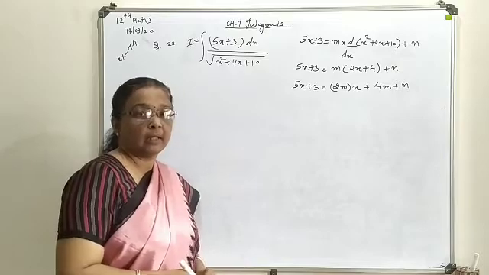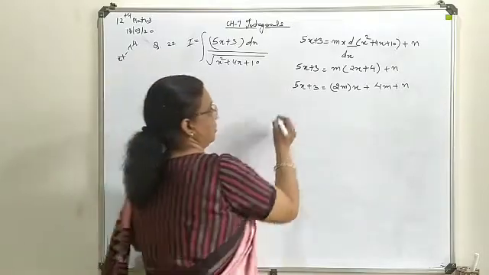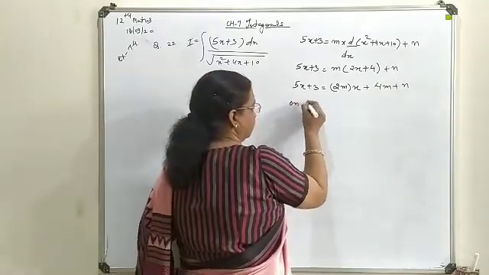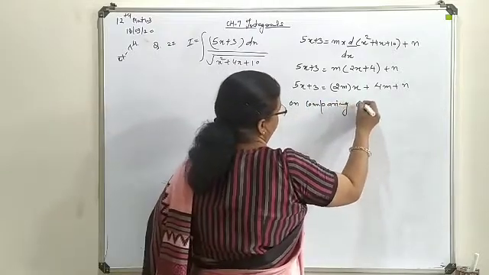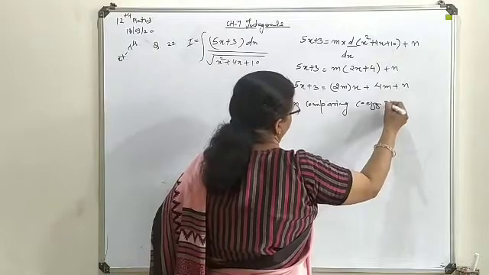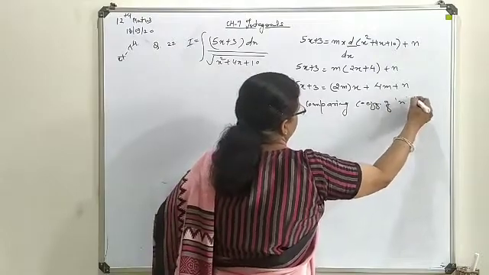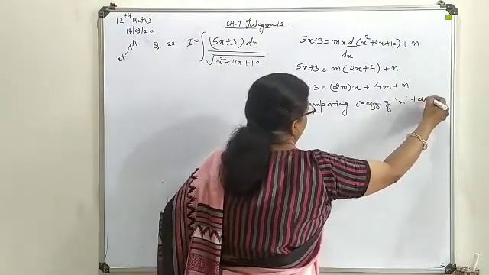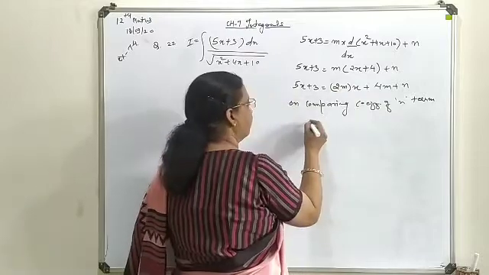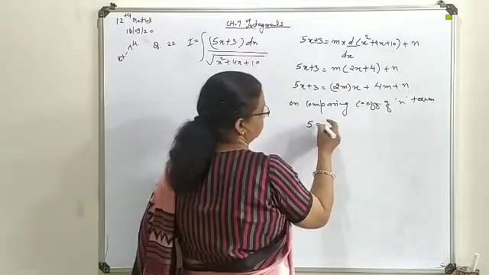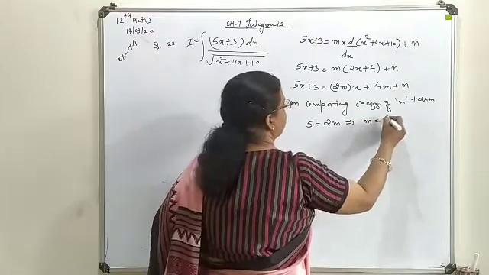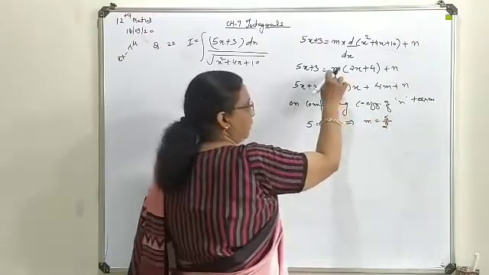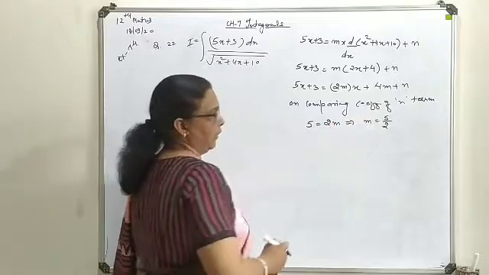Now compare the coefficient of x on both sides. What will you have? 5 is equal to 2m. From here you can say m comes out as 5 by 2.